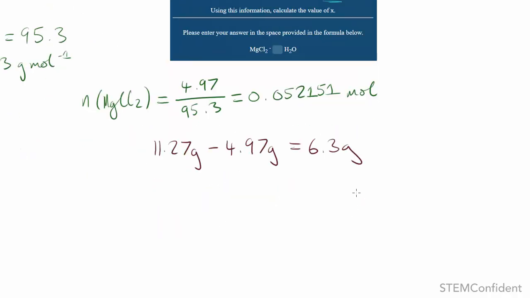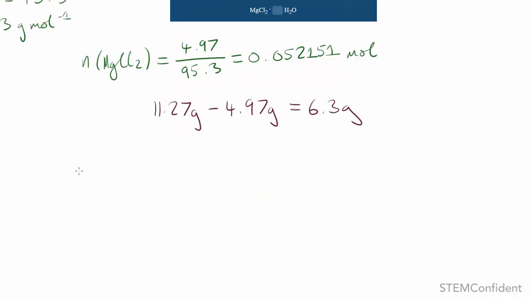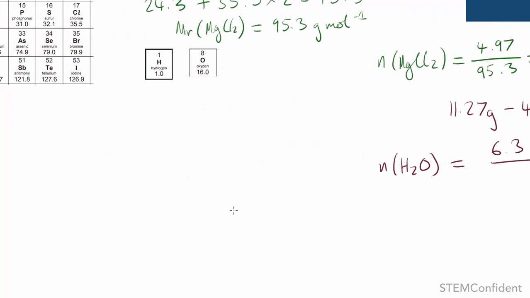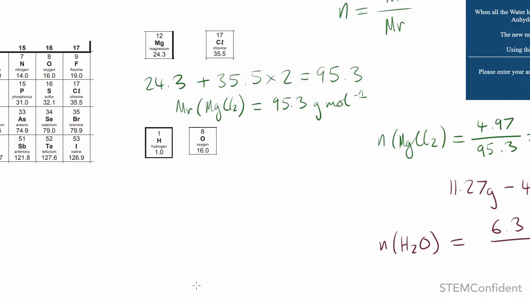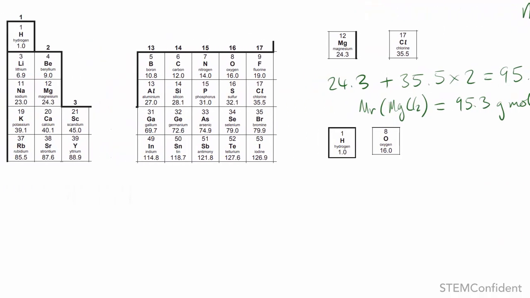Now, with the 6.3, we can say that the number of moles of H₂O is going to be equal to 6.3 divided by the Mr of H₂O. In this case, the Mr of H₂O, we can work this out, it's got hydrogen and oxygen, so 1 times 2, which is the hydrogen aspect, plus 16, which is the oxygen aspect, is going to be 18, right?